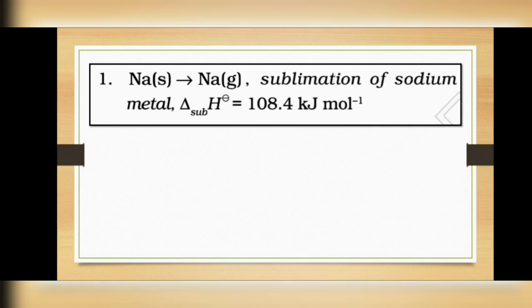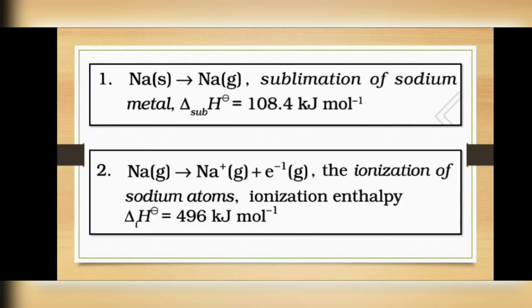We have already studied ionization enthalpy is the energy required to remove the most loosely bound electron from a gaseous isolated atom. So here to remove an electron you need ionization enthalpy, and for sodium atoms the ionization enthalpy is 496 kilojoules per mole.